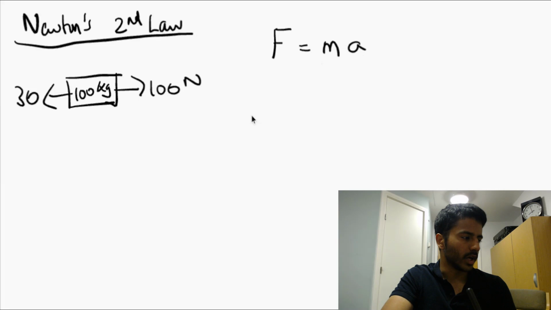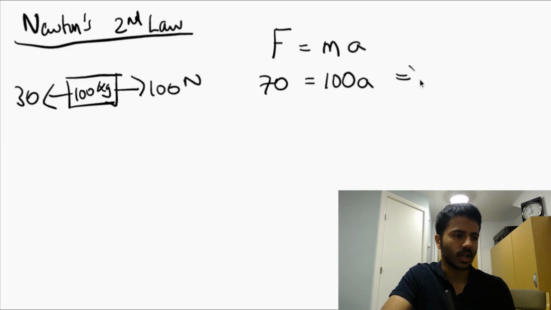So using this equation, we could work out the acceleration of this body. We know that the resultant force is, 100 minus 30, that is 70, equals 100 times A. So if you calculate A, you'd get 0.7 meters per second squared.